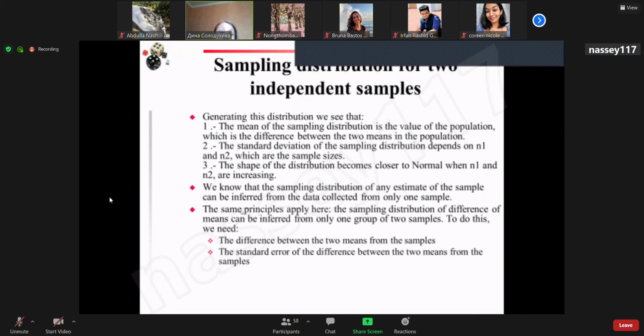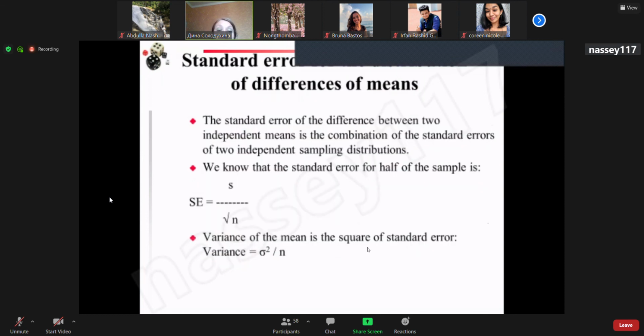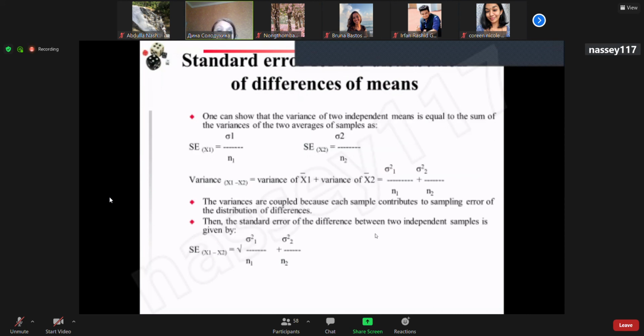We follow some principles for, for example, the difference between two means and the standard error between two means. We must calculate them and then find the difference between them by ratio.